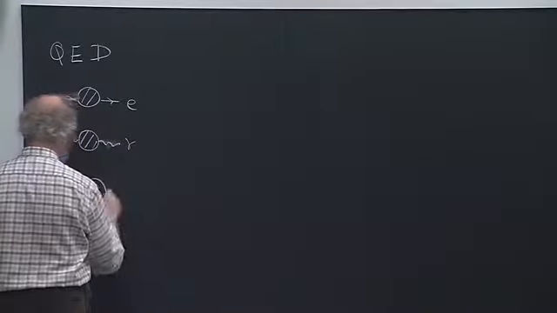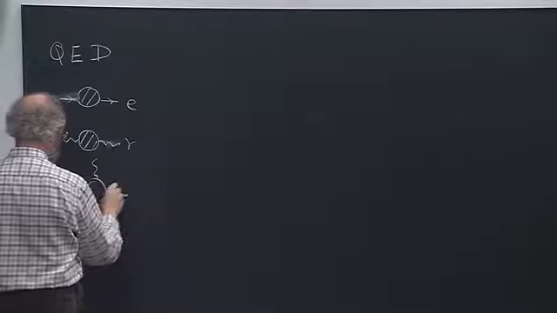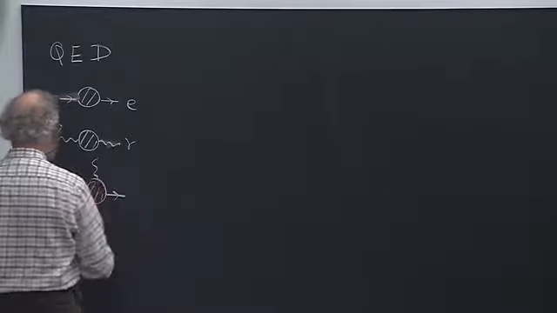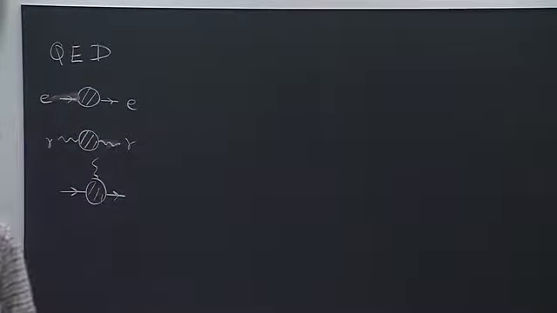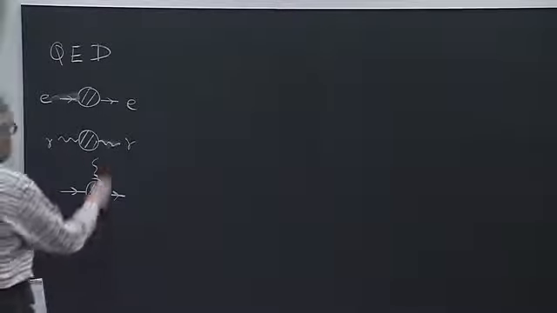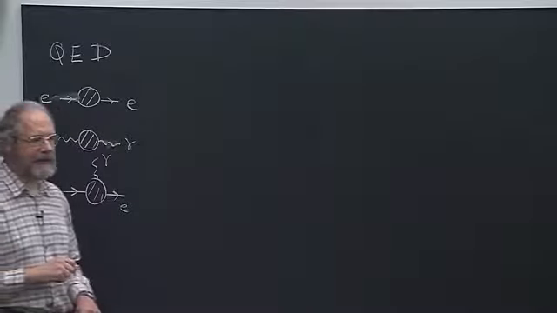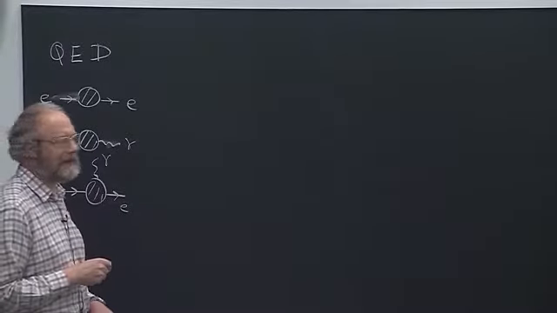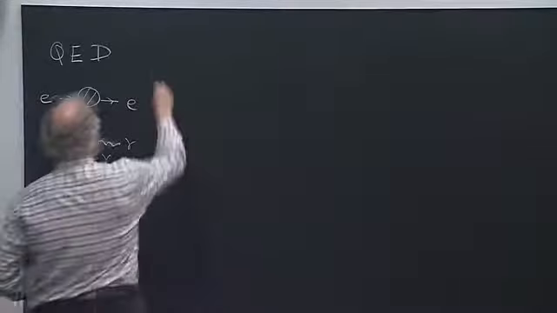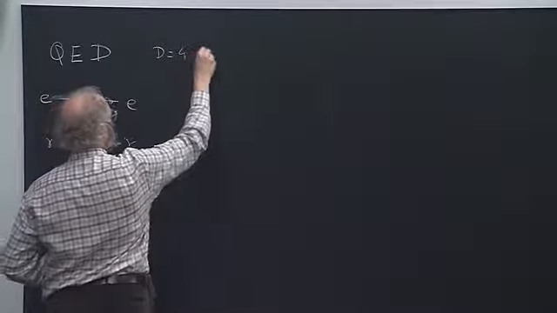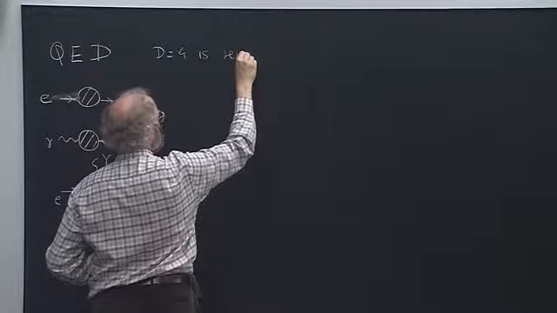And the vertex of interaction between the photon and the fermions is divergent. I'm right. Yes. And so QED in d equals 4 is renormalizable.